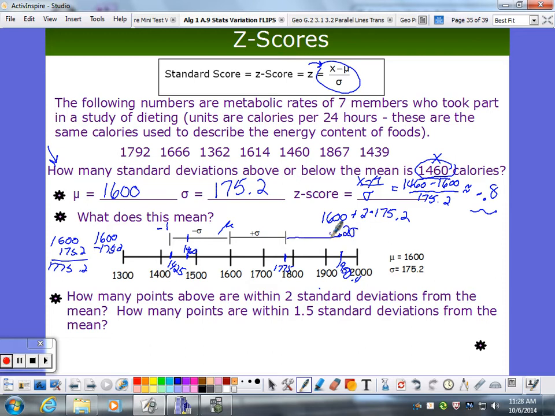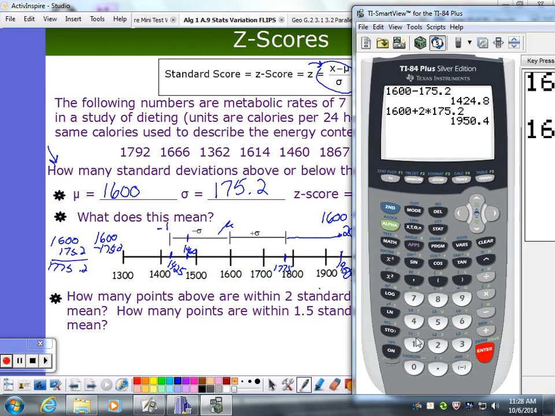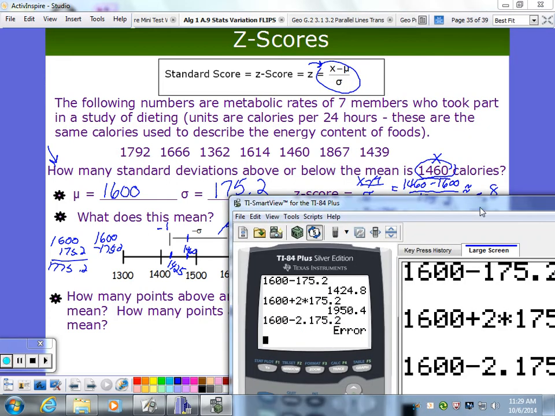And you go the other way? You can subtract it too, because we want to know below the mean as well. It says within. Wow, this is not a nice program. Okay, I am not enjoying this calculator, so I'm going to get rid of it.